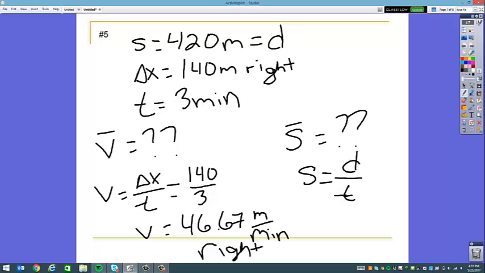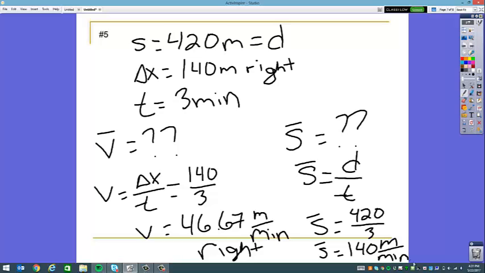I'll use D so that it doesn't confuse you. So your speed is 420 over 3, which gives you 140 meters per minute, and no direction is necessary. So that's how you do those problems.